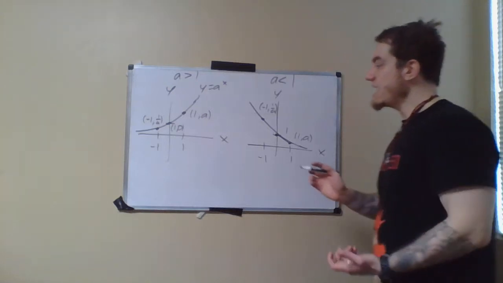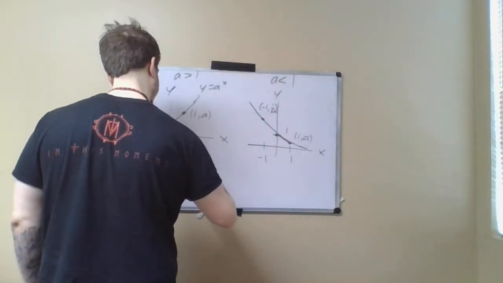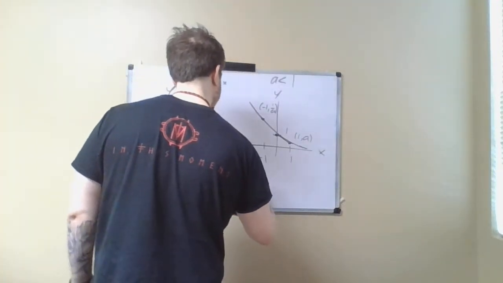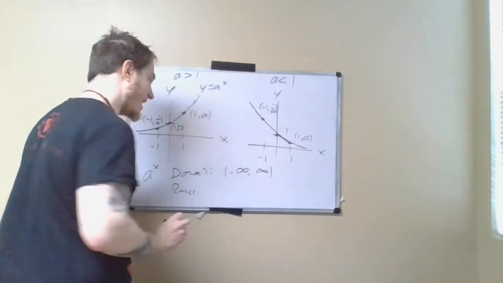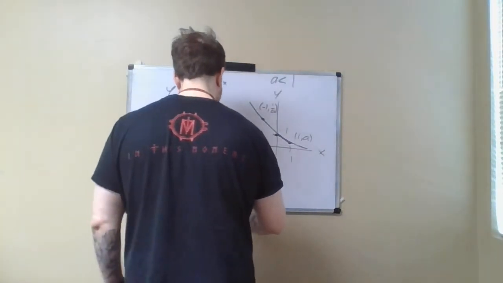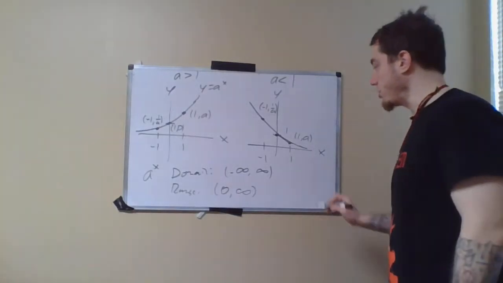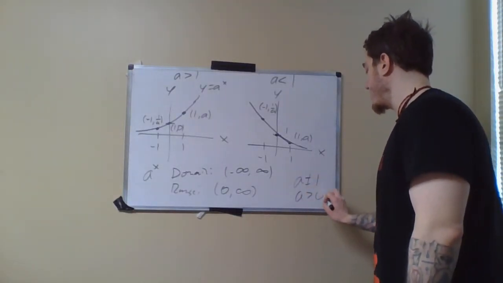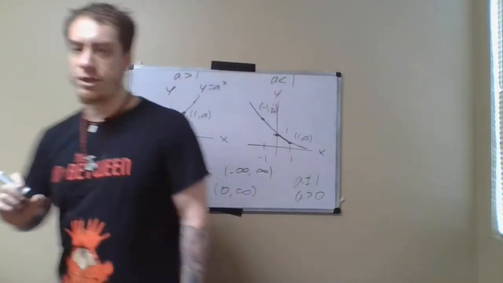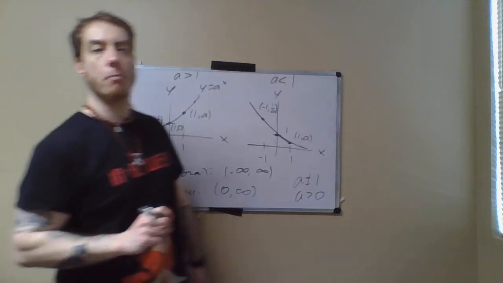The domain of a to the x is always going to be all real numbers, and the range of a to the x is always going to be all positive real numbers. At least as long as a is not equal to 1 and a is bigger than 0. Now, once again, if we start messing around with negative bases, then all bets are off.